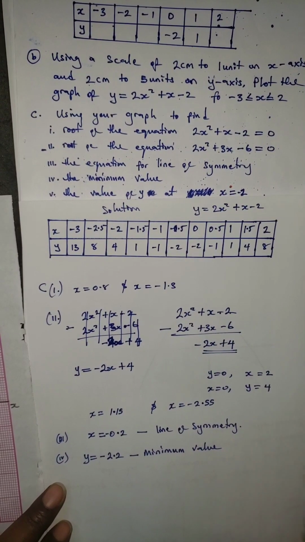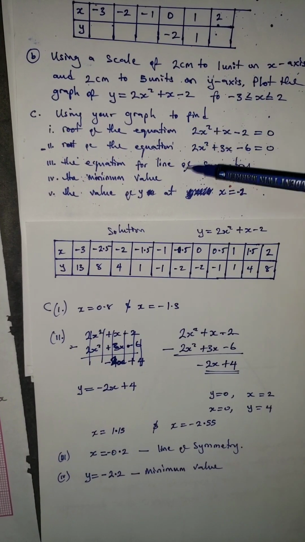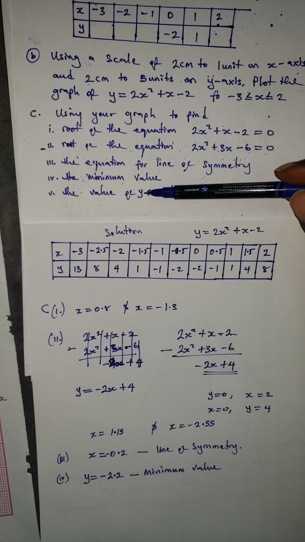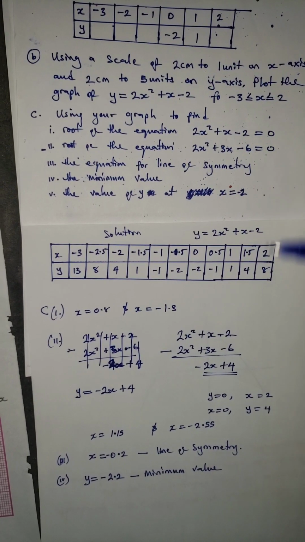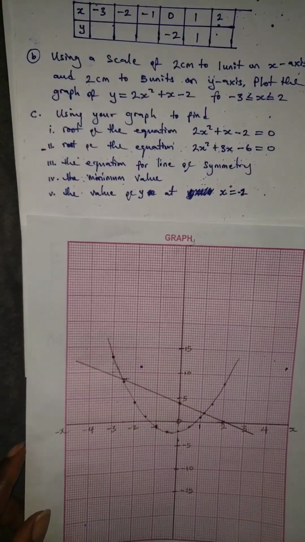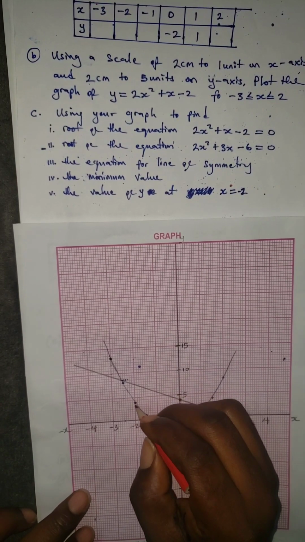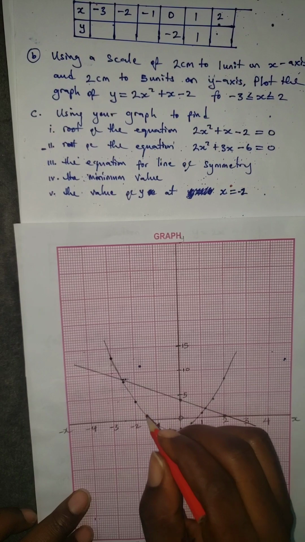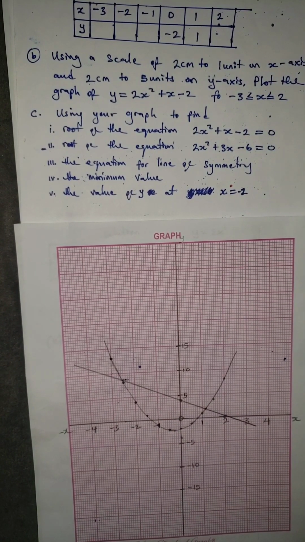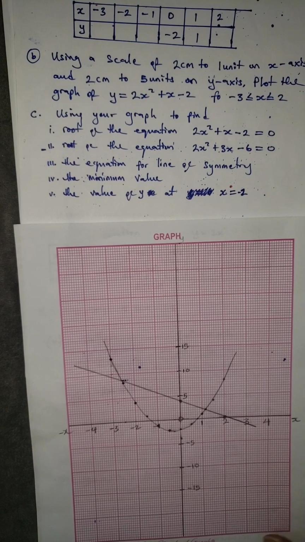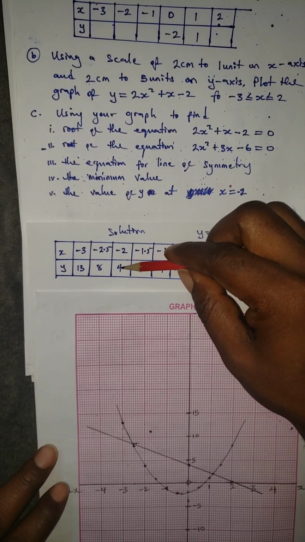Okay, the last question we have is that we are asked to find the value of y when x equals minus 2. It's also very simple. If you go to our graph, x equals minus 2 is at this point, and the value is even in the table. If you check our table, it is there. So when x equals minus 2, y equals 4.